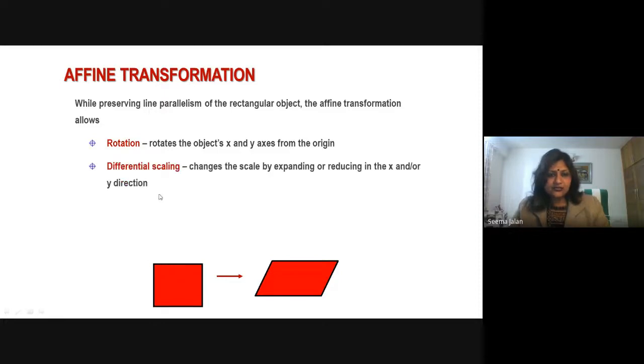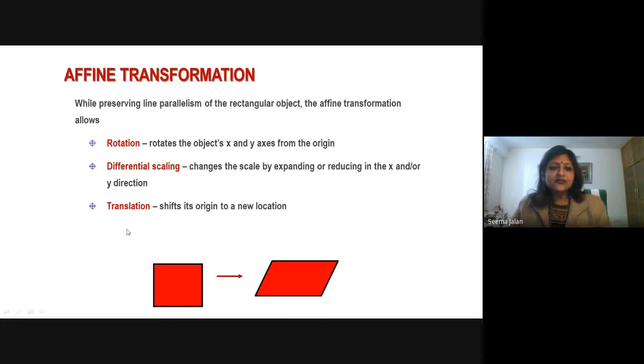Then it allows you differential scaling. That means in your equation, you will have 2 coefficients. One will tell you by what coefficient you will get the scale change in X direction, and by what in Y direction.